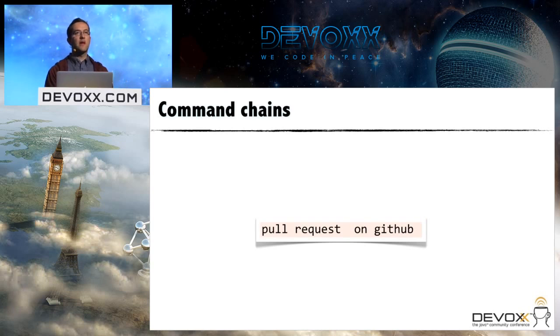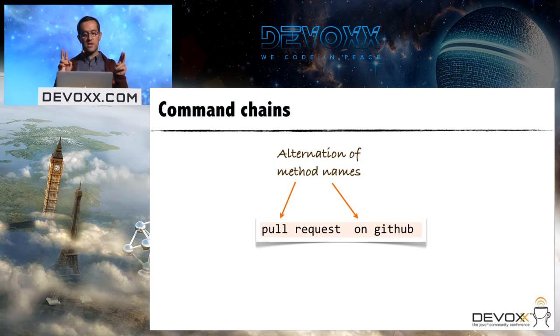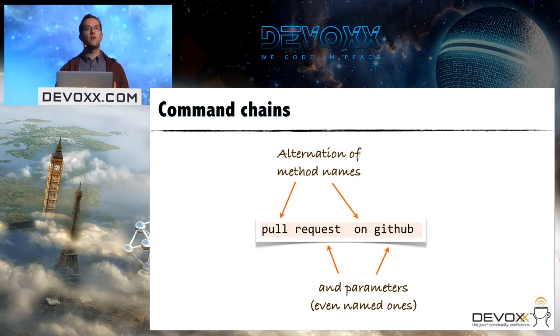For example, something like pull request on GitHub. It's actually valid Groovy code. It wasn't the case before with Groovy 1.7 and older versions. It's an alternation of method names. So pull and on are actually method names, whereas request and GitHub are parameters.